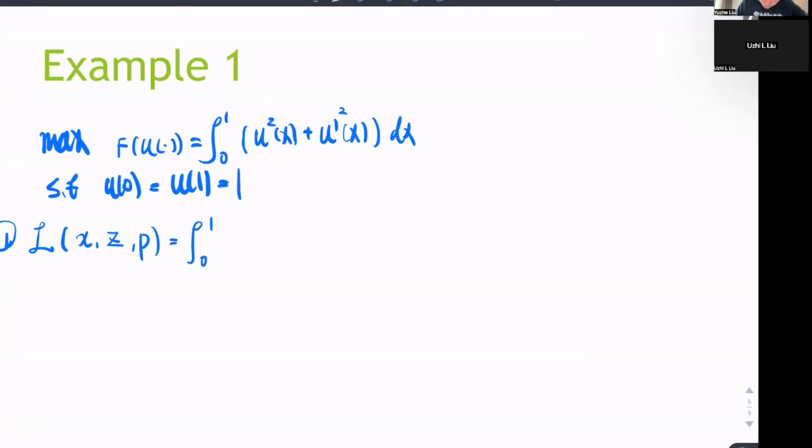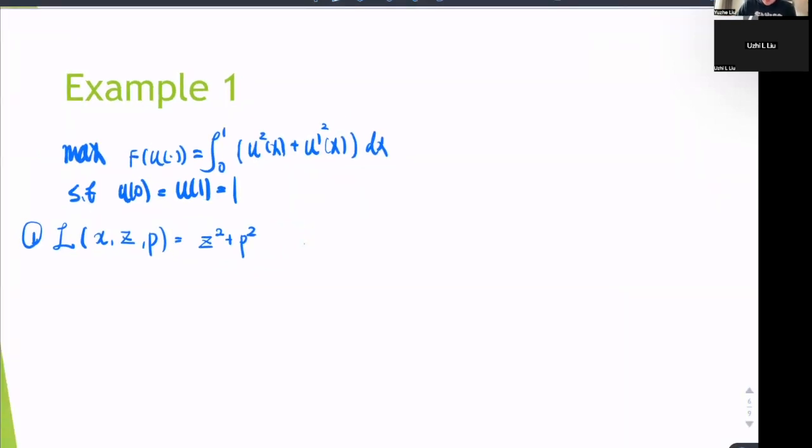Here we're simply replacing u of x with z and u prime of x with p. Perhaps we just don't need this integral because we're just looking for functions. So here is our Lagrange function right here.